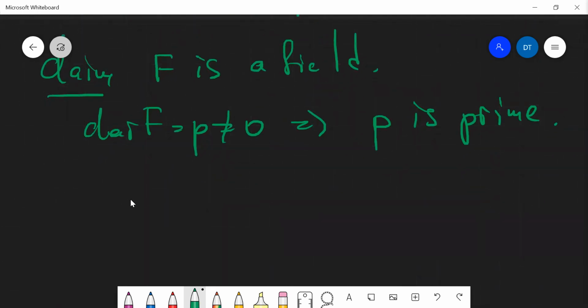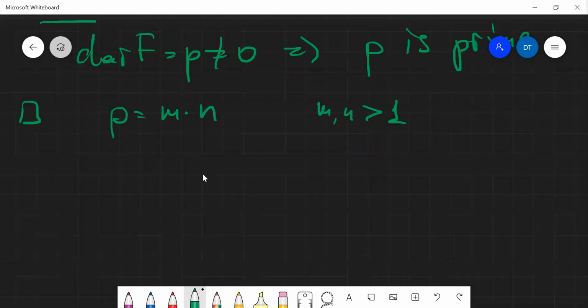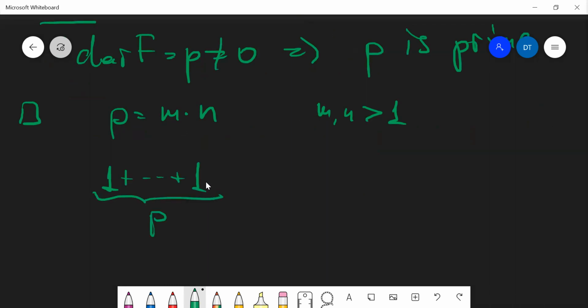So let me show you how to prove this. Well, suppose the contrary holds, that the characteristic is not a prime number, p equals m times n, where m and n are strictly larger than 1. Then this means that if I take 1 and add it p times, I will get 0.